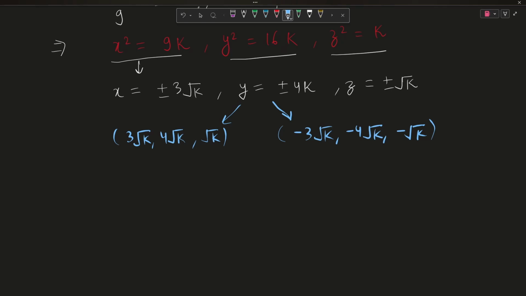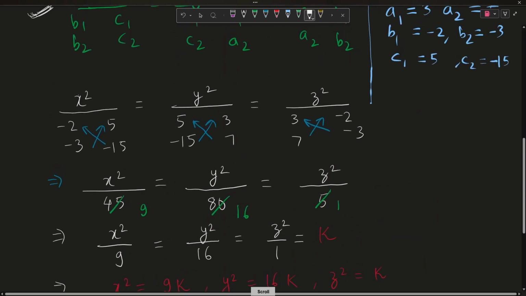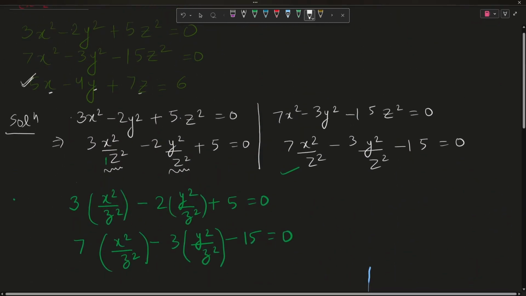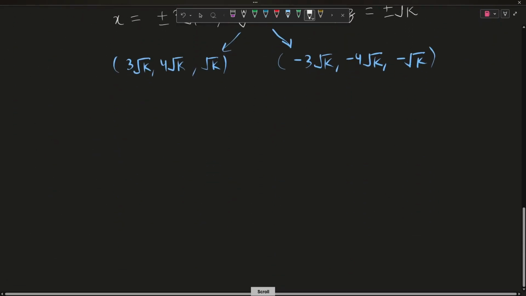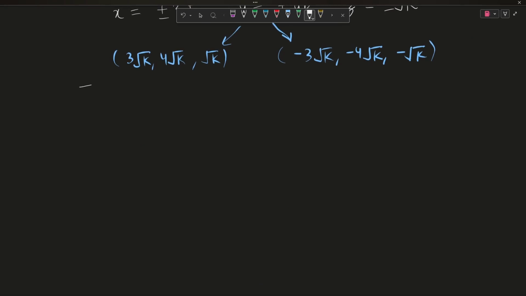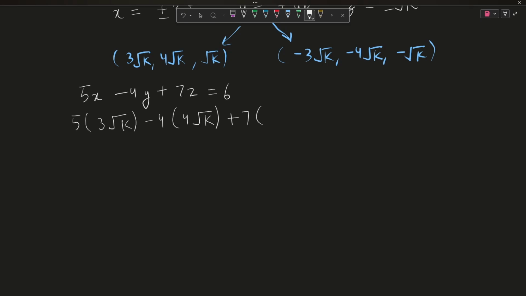Substituting the values into the third equation, 5x minus 4y plus 7z is equal to 6. So putting the values of x, y, z, we get 5 into 3 root k minus 4 into 4 root k plus 7 into root k is equal to 6.